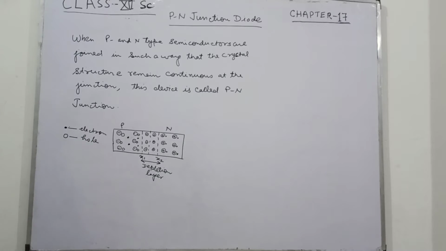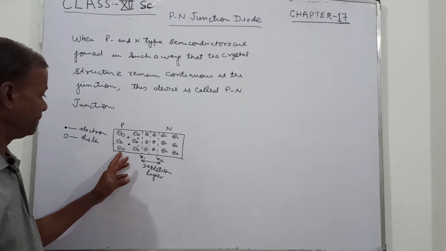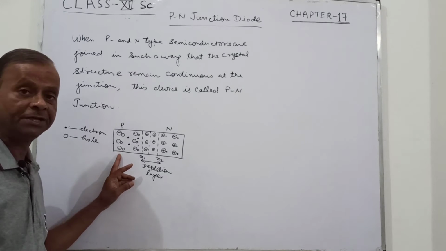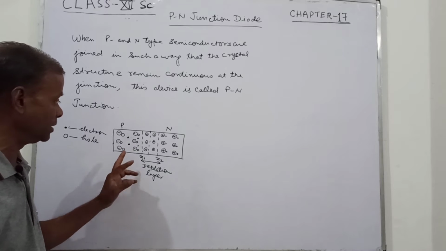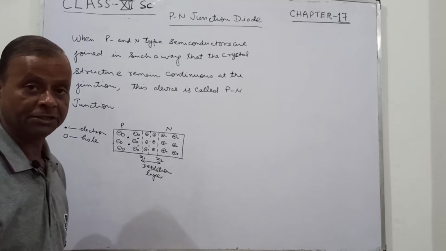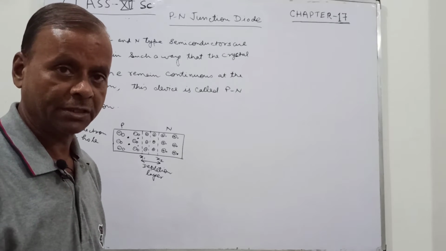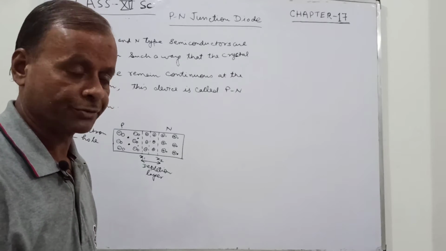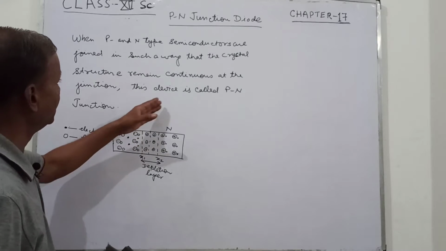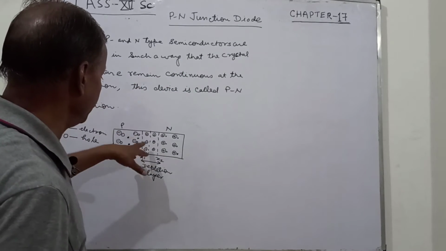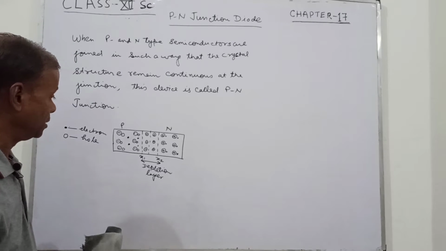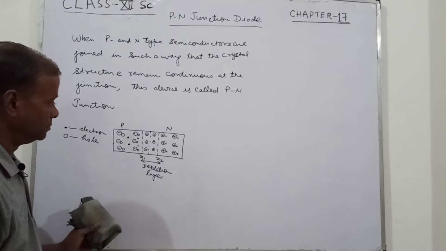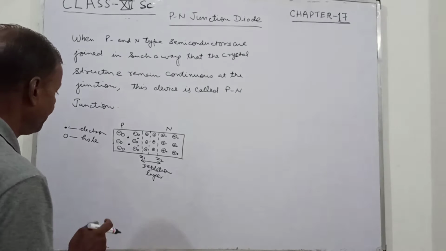So in the P part, or the P crystal, there are majority holes in comparison to the electrons, and in the N part there are majority electrons in comparison to the holes. So when they are joined in such a way, then at the junction there is a flow of electrons and holes through the junction.